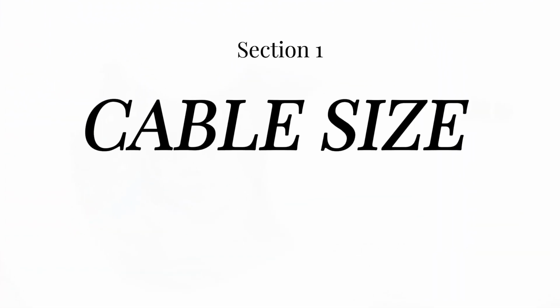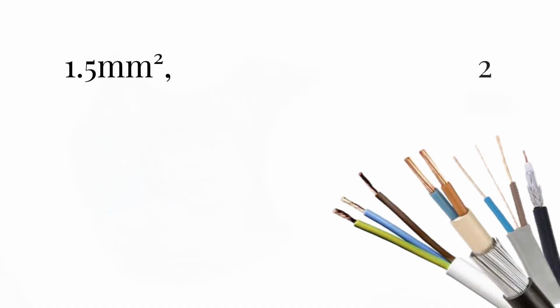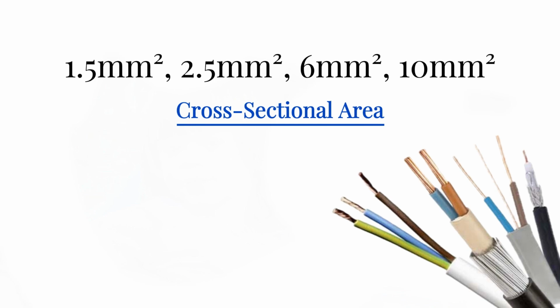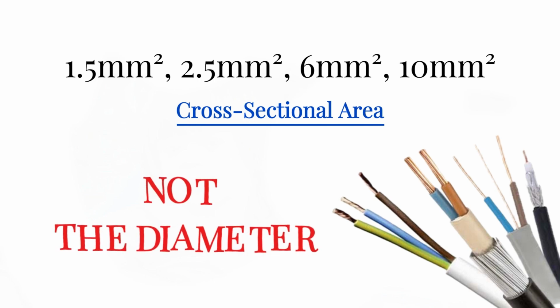Section 1. Cable size and current. When we say 1.5 millimeters squared, 2.5 millimeters squared, 6 millimeters squared, 10 millimeters squared, that's the cross-sectional area of the conductor, not the diameter, the area.